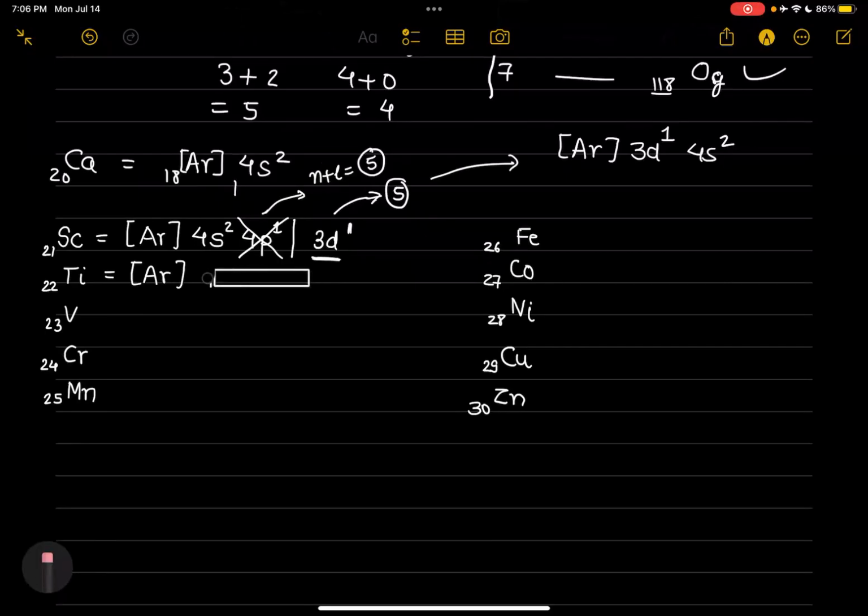First of all, tell me. The number of orbitals is always odd. s has just one orbital. There are 2l plus 1 orbitals: p has 3, d has 5, f has 7 orbitals, 7 boxes. Got it?